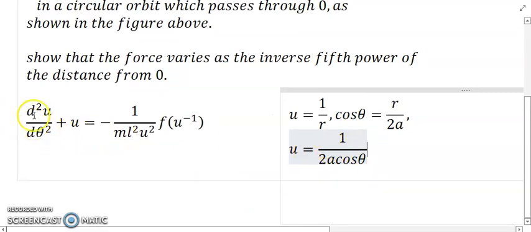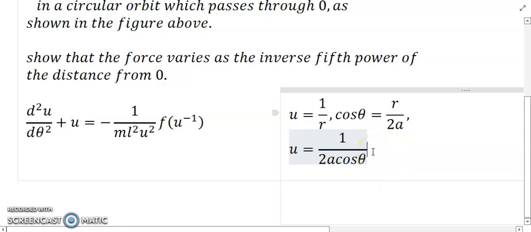However, here we have the second derivative of U with respect to the variable theta. Comparing with this, we have to transform cos theta, because it is in the denominator, and for us to differentiate, we must make it the numerator, meaning that we have to transform this into 1 over secant theta.